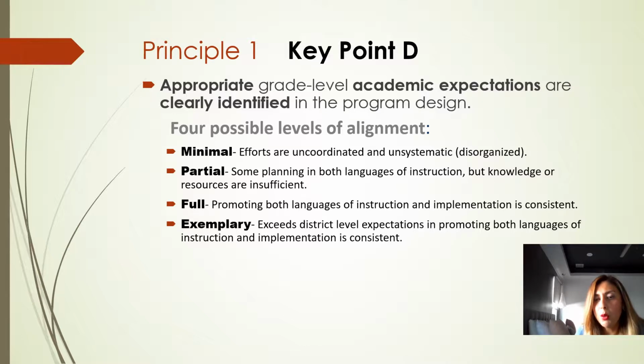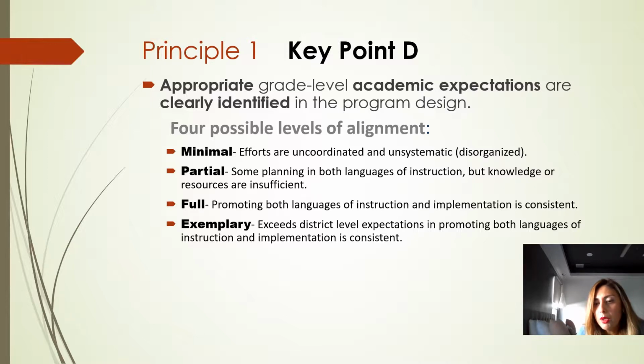Continuing on with Principle 1, Key Point D, appropriate grade-level and academic expectations are clearly identified. Again, there are four possible levels of alignment for the program. If you reach minimal, efforts are uncoordinated and unsystematic, meaning it's a disorganized effort.